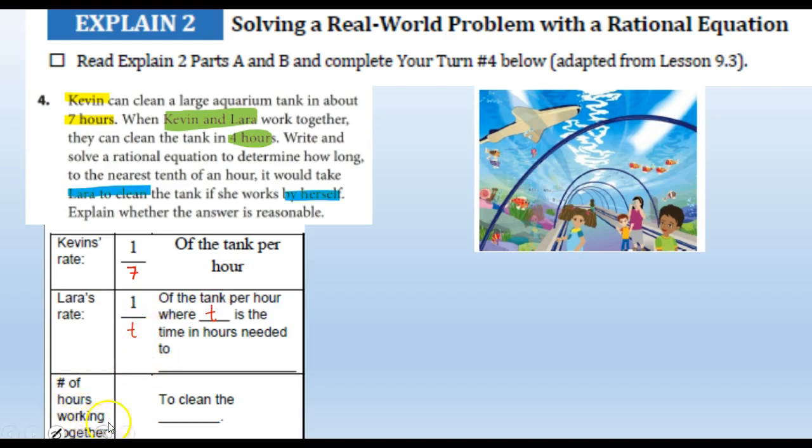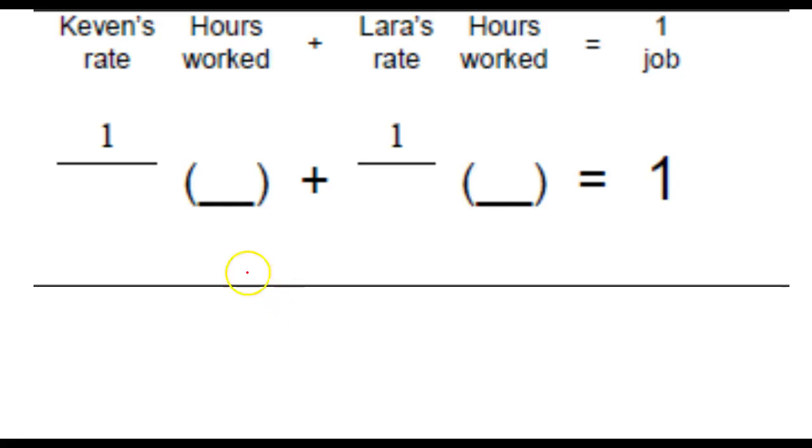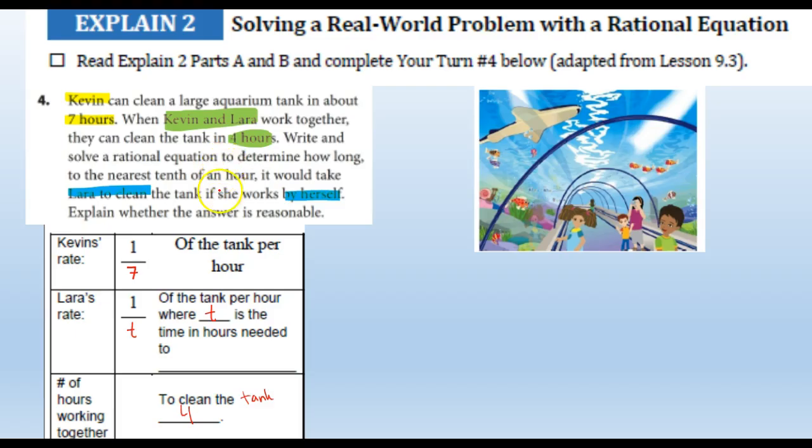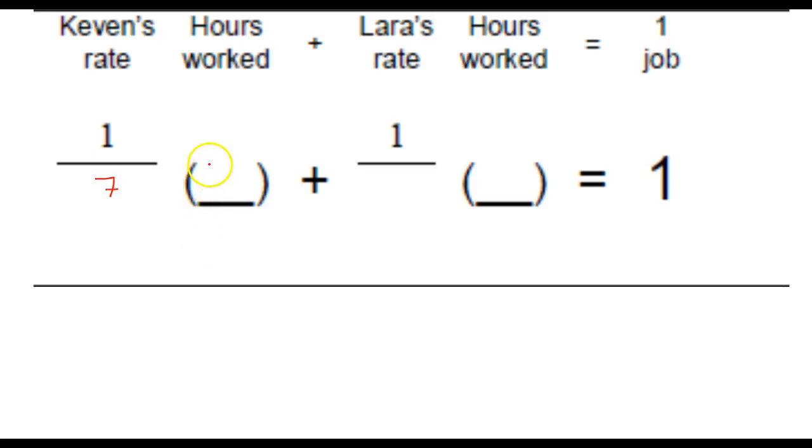And the number of hours it takes them to work together to do this job was about 4 hours to clean the tank. Alright, let's continue right along. So Kevin's was 7, and if they work together, it's about 4 hours. Laura's rate is T, which we don't know, and 4 hours if they work together.